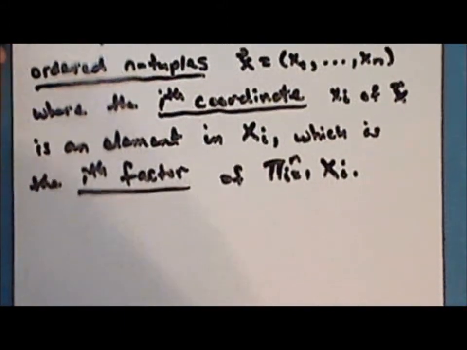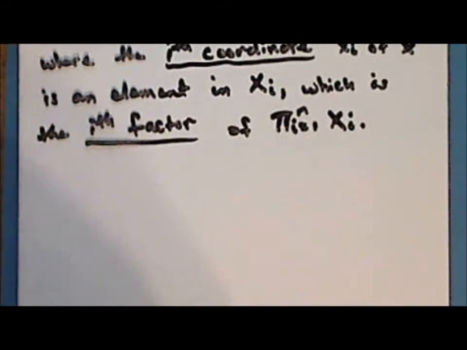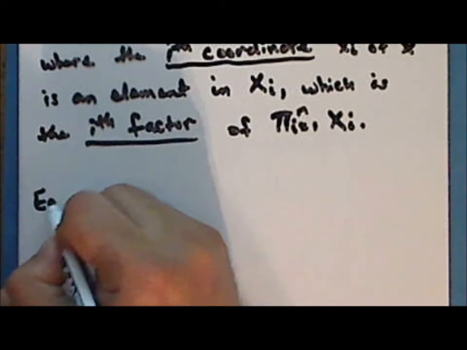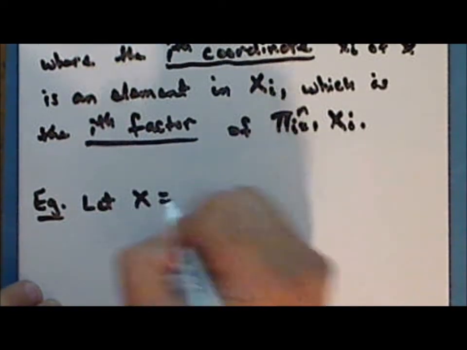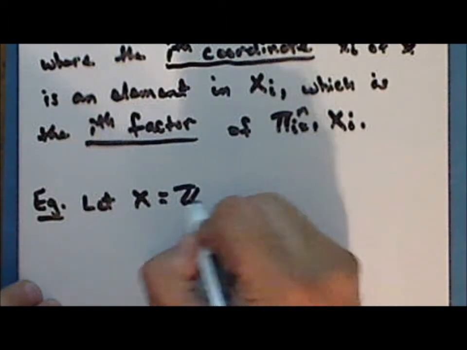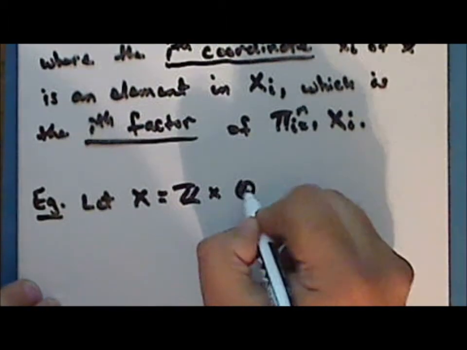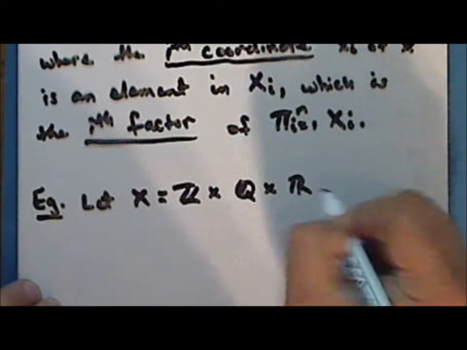So let's look at an example to clarify the definition. Let the set X be the Cartesian product of the integers with the rationals with the reals.